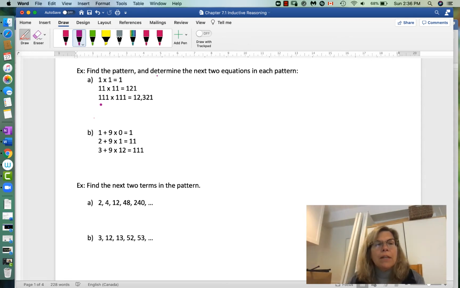You can see here these numbers are going up, right? So it's 1 and then 11 and then 111. And these numbers are also going up, and these numbers are changing. With each term or each equation, you add another digit.